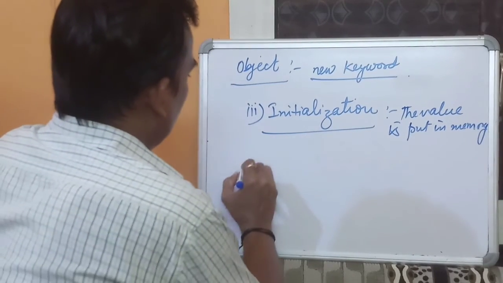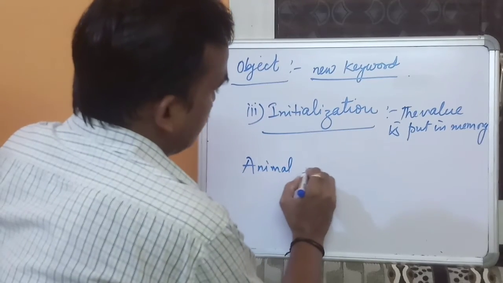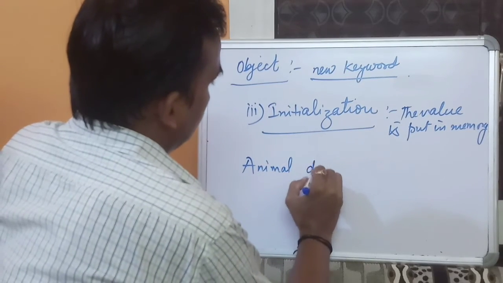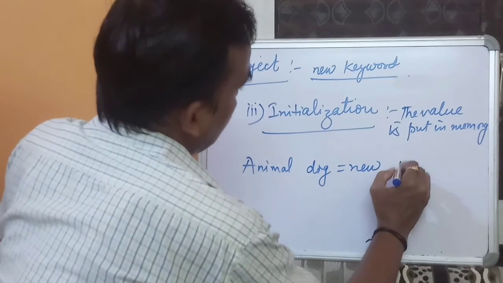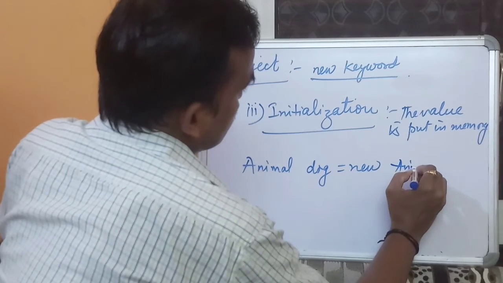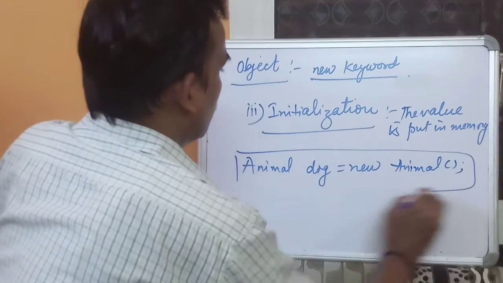We use our class name, then object name, then the new keyword, and then again the class name. That is our constructor.